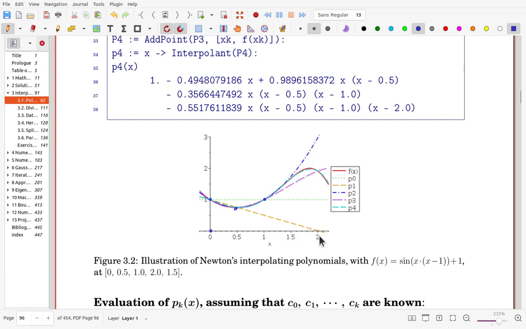And x3 is at 2, so that point, so that is passing now here, and that one is p3. And the final point is at 1.5, so possibly around there is the final point. By adding this one, now it is really almost identical to the function. It's a really good approximation.